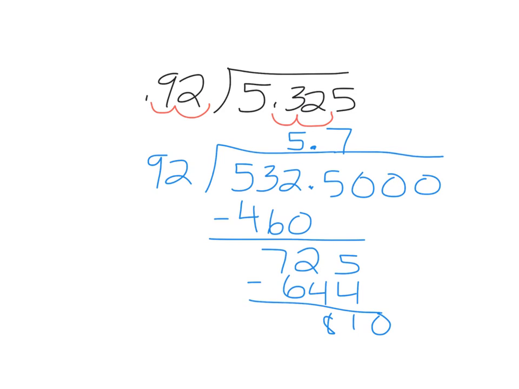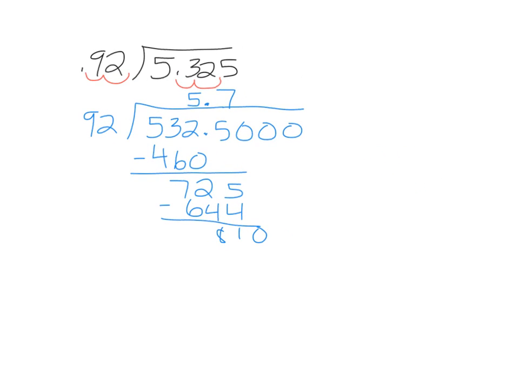I'm going to see if I can shrink and make more space for myself here. So 92 goes into 810 7 times. I know that because of the problem we just did. And 7 times 92 is 644.